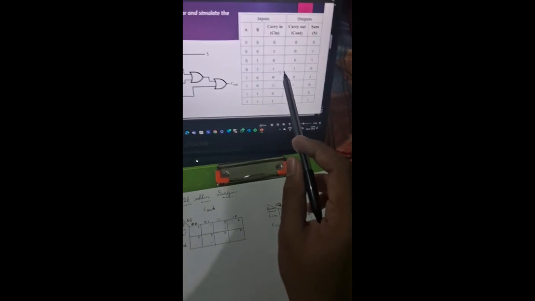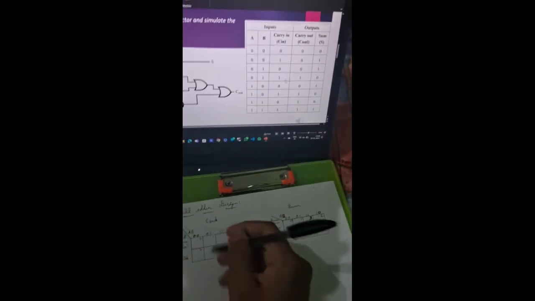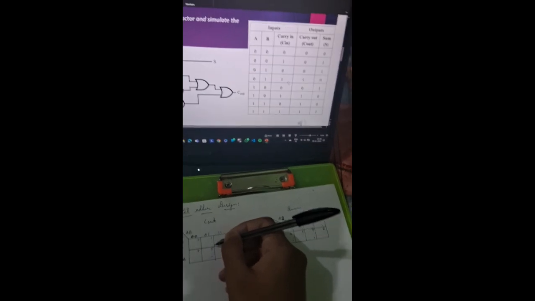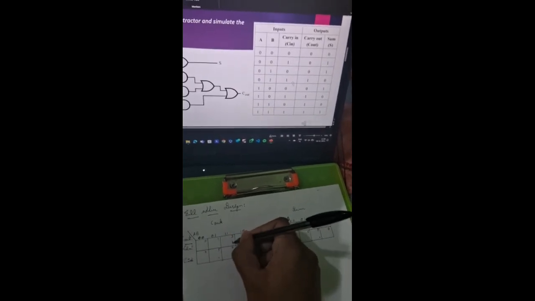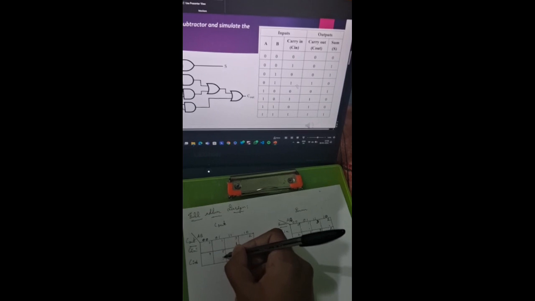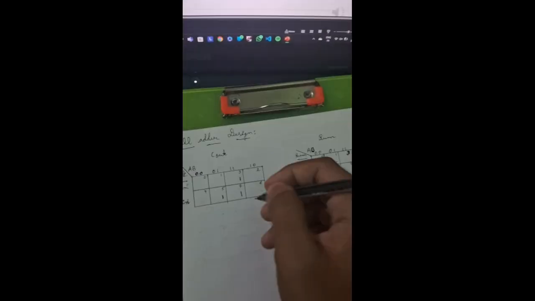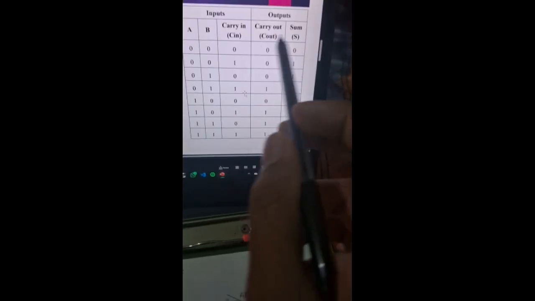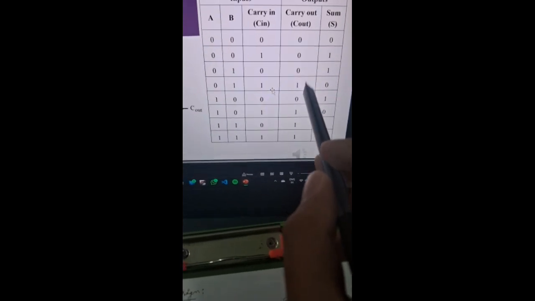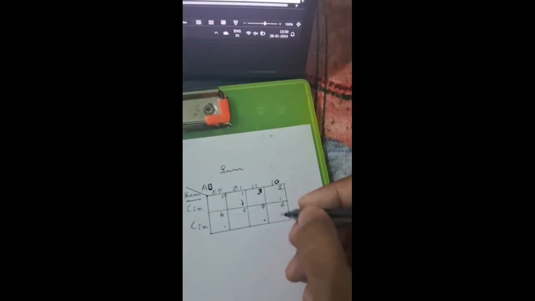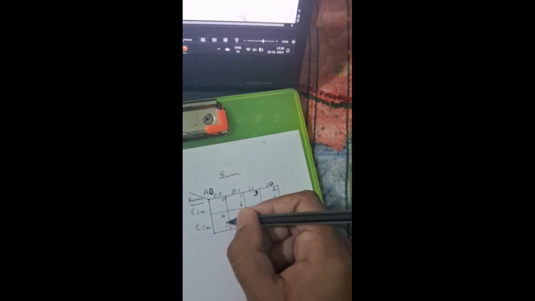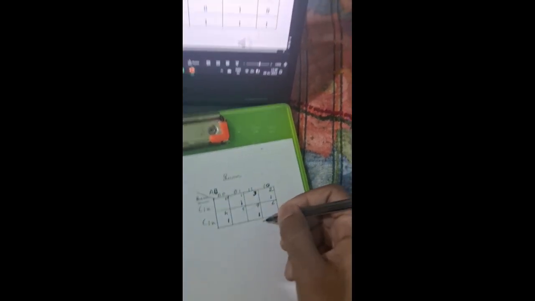From the truth table of the full adder, we shall take the inputs 1 at 3 and 5, 7 and 6. These are the outputs taken for the carry out, which are here, and for the sum it is at 1, 2, 4, 7.